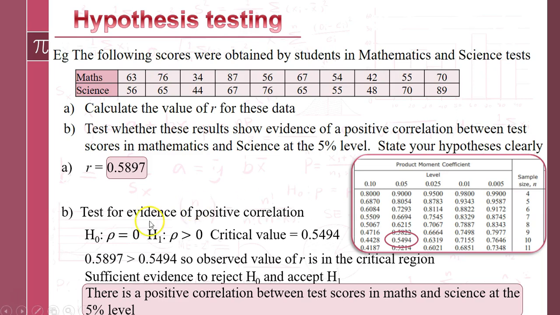But in this particular case, because our value is bigger than our critical value, we're going to say yes, we have got a positive correlation. The same thing would happen if it was a negative correlation, but then we would need a value that's close to -1 to be in the critical region. It applies in exactly the same way, but just with negatives. And there you go.